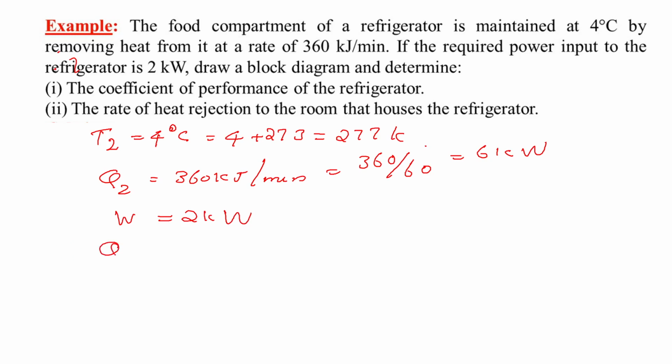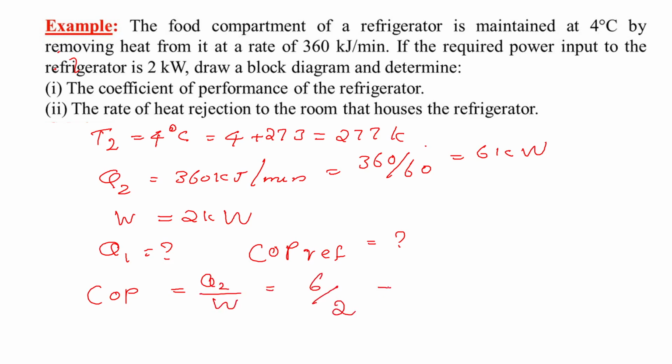Okay, we have to find the value of Q1 as well as the COP, coefficient of performance, of the refrigerator. COP we can easily find. It will be Q2 divided by W, that you can write as 6 divided by 2, that is 3. So the COP value is 3.